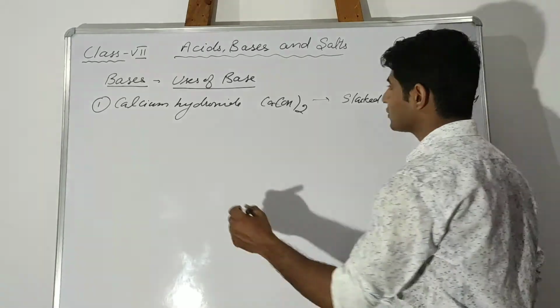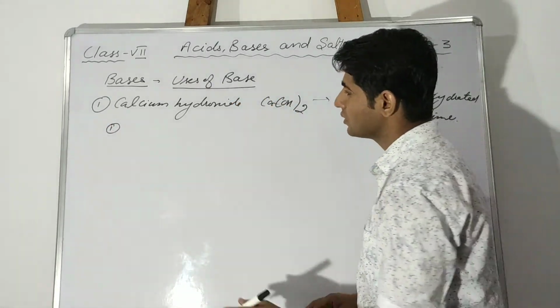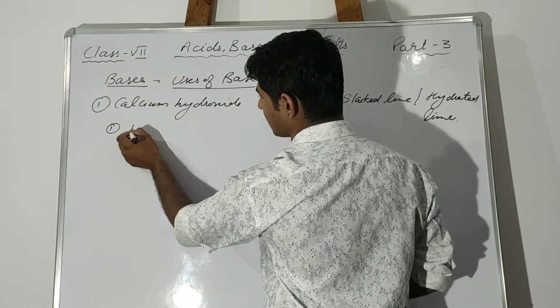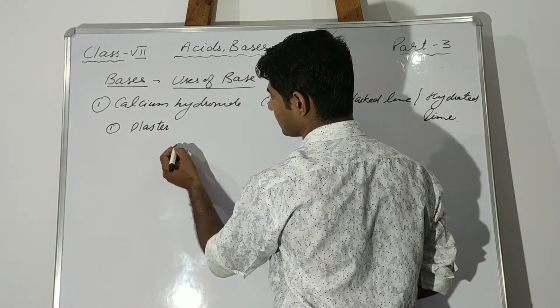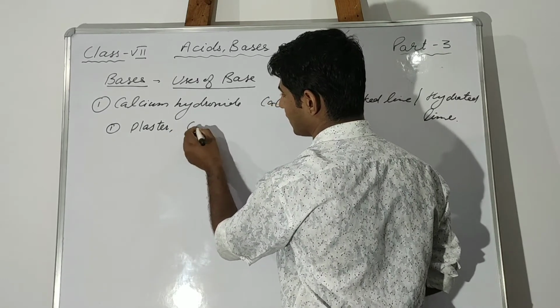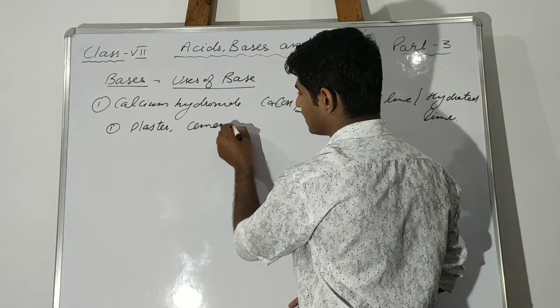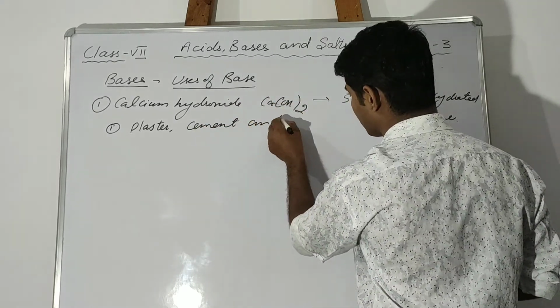So what is the use of slaked lime? Slaked lime is used in making plaster of Paris, and in making cement and mortar.